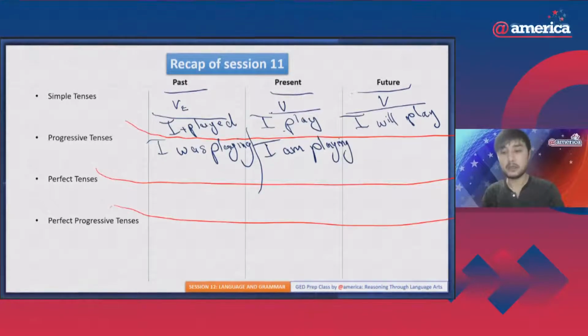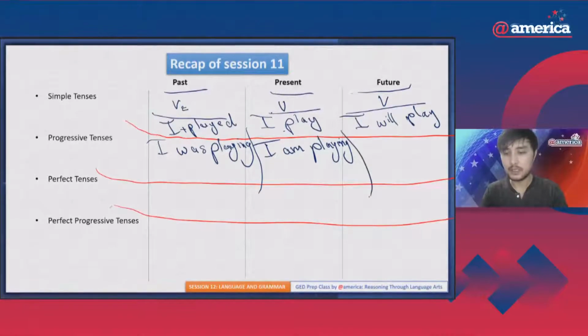So I am playing. This is the present, and you want to talk about something that is happening at this moment of time, now. I am teaching English. This is something that I'm doing right now.